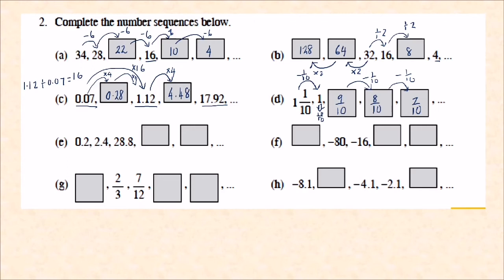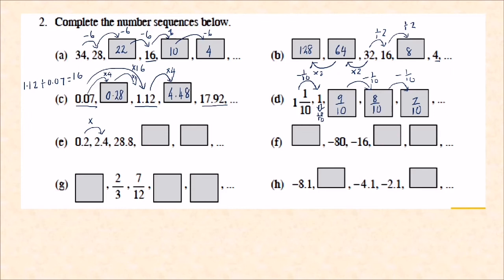Okay, so now we try to answer E. 0.2, 2.4, 28.8. Now this one surely is multiplication. So 0.2 multiplied by what will get 2.4?